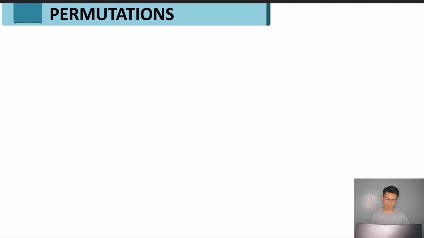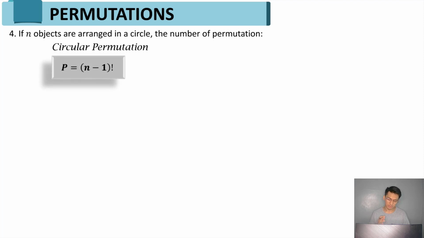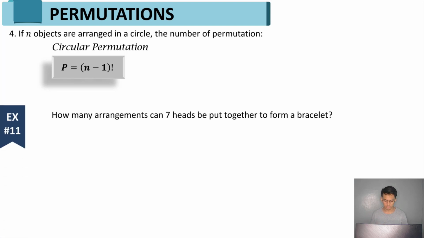And for the last type of permutation, we have number 4. If n objects are arranged in a circle, the number of permutation is, itong permutation na to, tinatawag din natin as a circular permutation. And we have the formula, permutation is equal to n minus 1 quantity factorial lang. For example number 11, for circular permutation, how many arrangements can 7 beads be put together to form a bracelet?